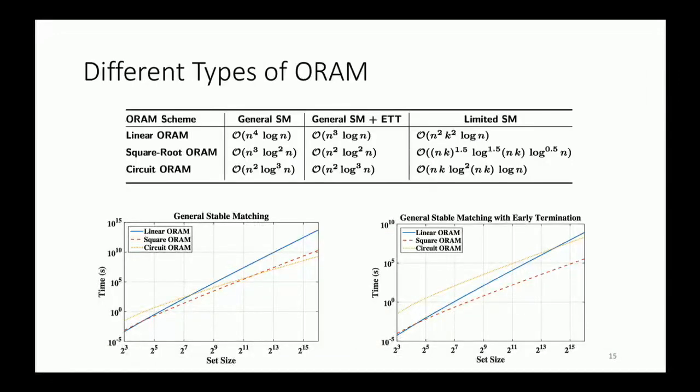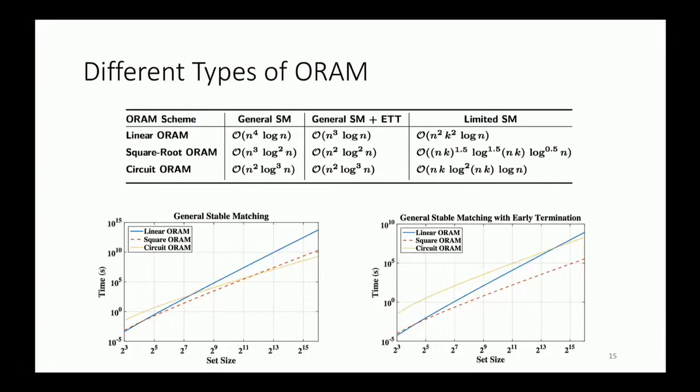So depending on which type of ORAM you use in the circuit, you get different complexities. The vertical bar shows different kinds of ORAMs, and the horizontal bar shows different variants of stable matching. We have linear ORAM, which is basically using MUX, square root ORAM, and circuit ORAM. And for the horizontal bar, we have general stable matching plus ETT, the early termination technique, and limited stable matching.